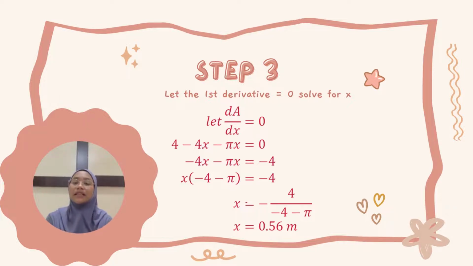It becomes negative 4x minus pi x equals negative 4. And we factorize the x, becoming x in bracket negative 4 minus pi equals negative 4. And the answer for x equals 0.56 meter.